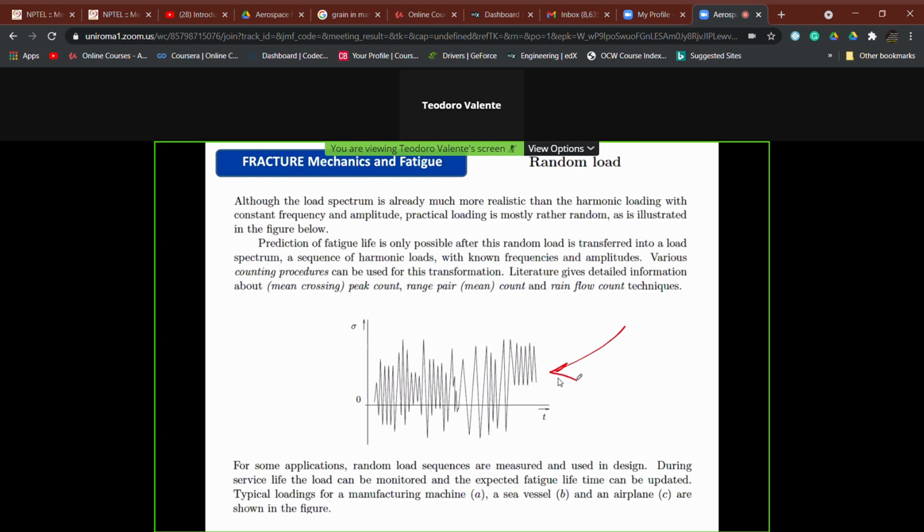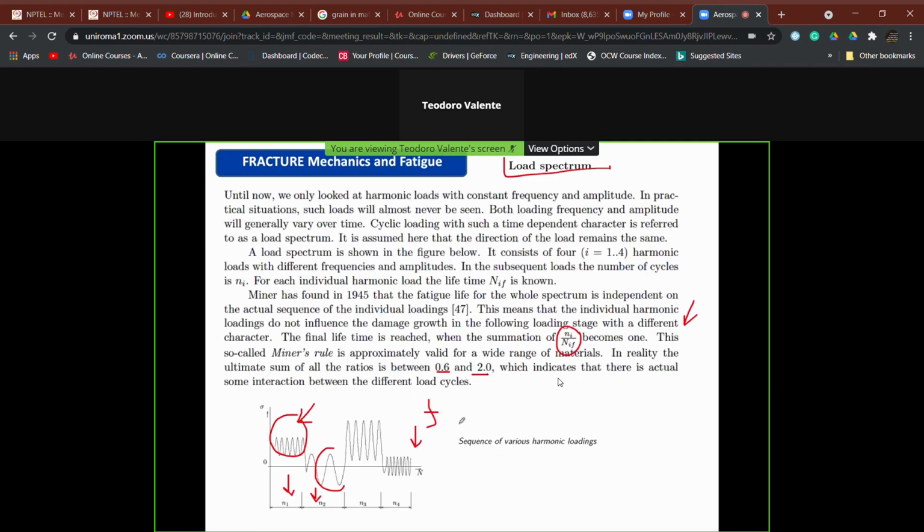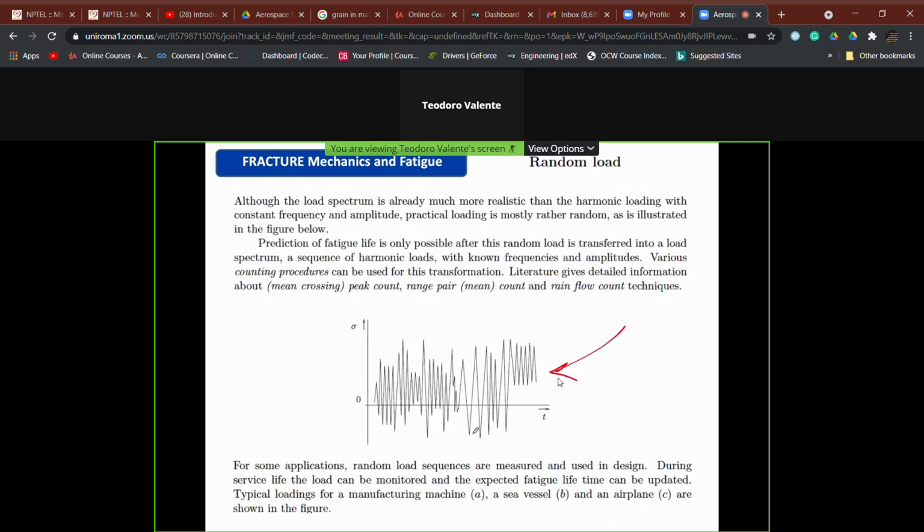And we can predict fatigue life in the presence of random load only if, by using, for example, Miner's rule, this random load is transformed into a load spectrum, that is, something which can be modeled in this way. And there are many mathematical methods which allow us to make these transformations.